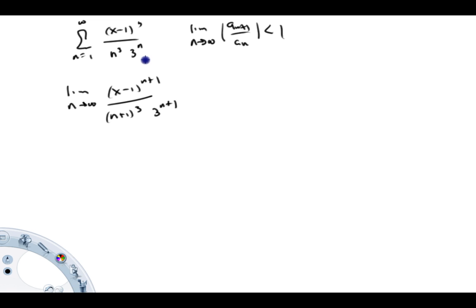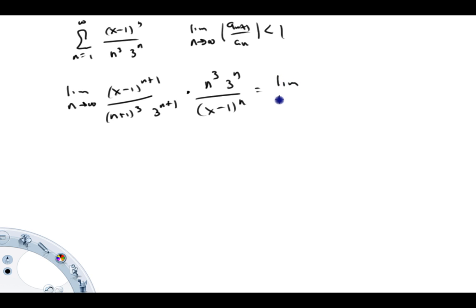And I'm going to go ahead and change that division to a multiplication: n cubed 3 to the n over (x minus 1) to the n. This limit has to be bound between minus 1 and 1. I'll go ahead and get the limit figured out, and then we'll write the inequality statement.